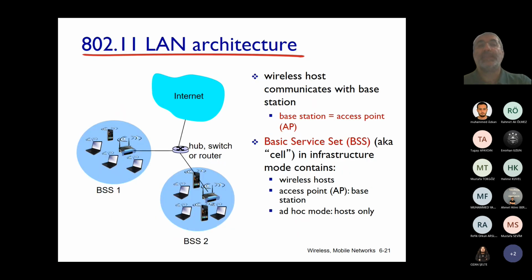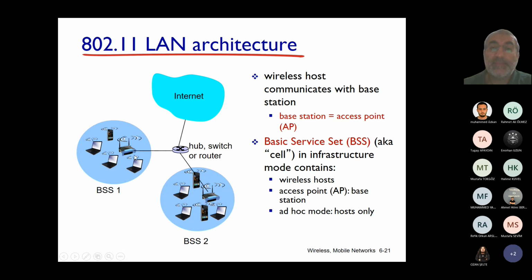So let's look at the wireless LAN architecture. In the middle, of course, we have the base station, and this base station, in Wi-Fi literature, is called an access point. This group of network is called a BSS, which stands for Basic Service Set, in infrastructure mode, as you see, BSS1, BSS2.